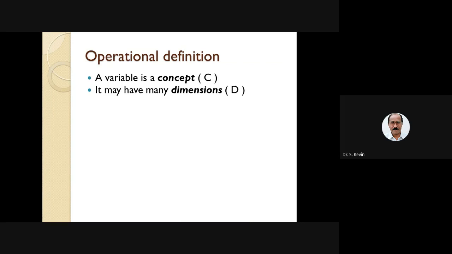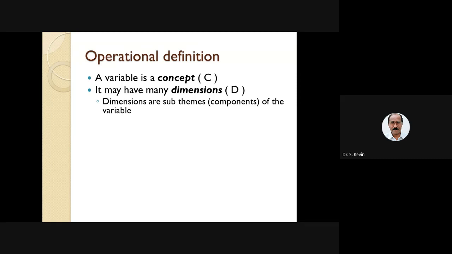So the concept is broad. It has many different subdivisions, aspects. We call them dimensions. The dimensions are, in other words, the components, sub-themes of the concept. I'll give you an example after this, then you will understand it better. Now remember the three words.